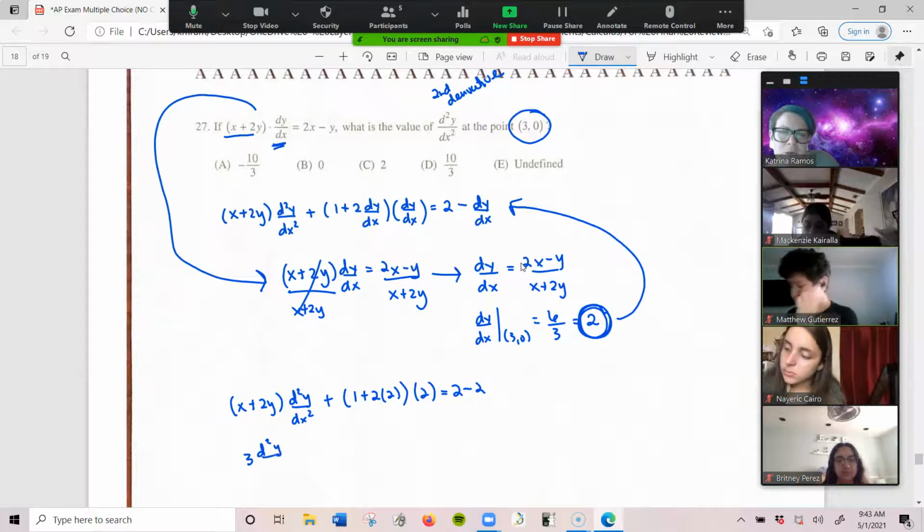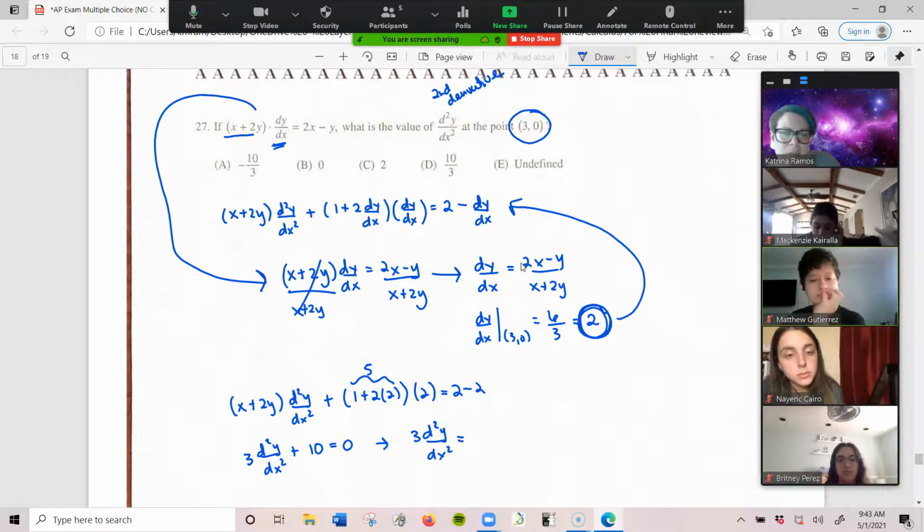D squared y over dx squared, plus, now this here, 1 plus 2 times 2, that's 5, and 5 times this 2 is 10. And that's going to equal 0. So subtract the 10, we get 3 d squared y over dx squared is equal to negative 10, and then divide the 3. So we get A.